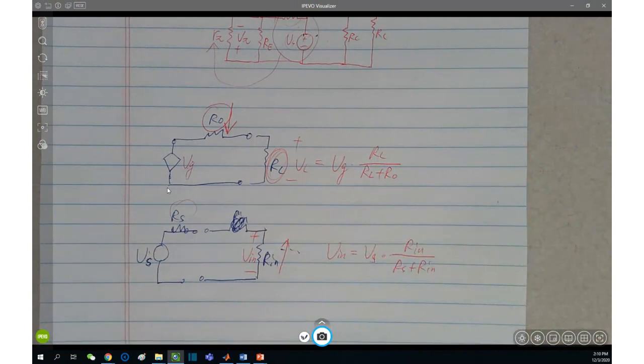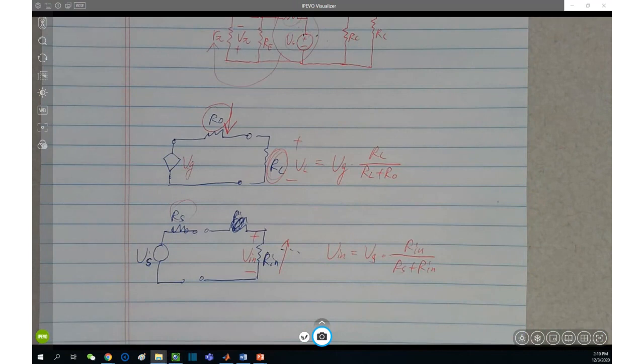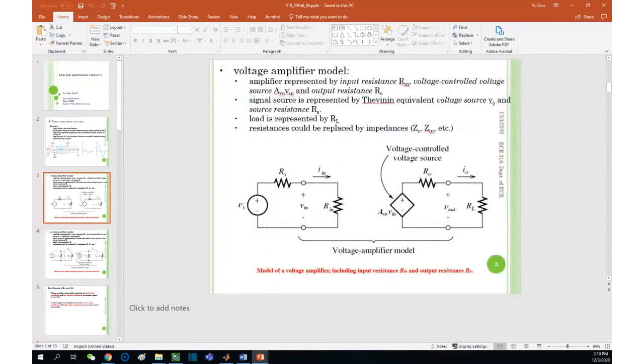Does it make sense? And if you need more, the first time actually this semester we talked about this is lecture slide number 4. This is a voltage amplifier model.